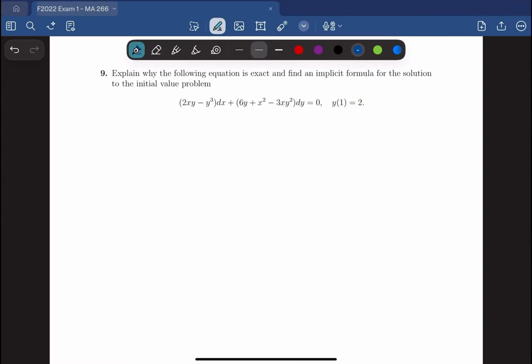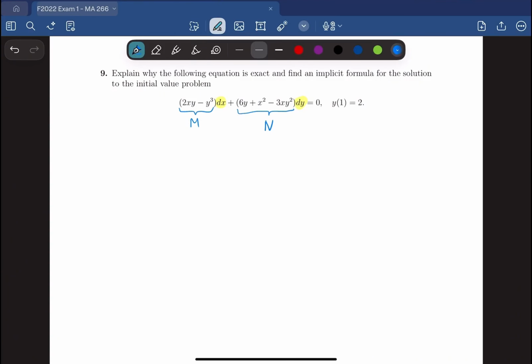So number 9 is an exact equation problem. These are pretty cool. So first thing, we're going to define our M and our N. So this is going to be our M, and this is going to be our N. I know this because our M is always going to be with our dx, and our N will be with our dy.